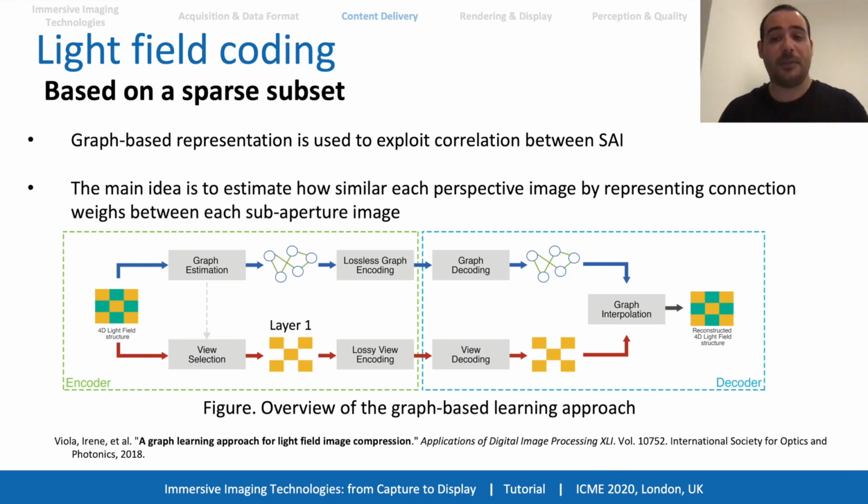A graph is a data structure characterized by a set of nodes or vertices. The key idea is to estimate how similar each subaperture image is and represent that similarity as a connection weight between each subaperture image. At the decoder side, these weights can be used to interpolate the missing subaperture images.